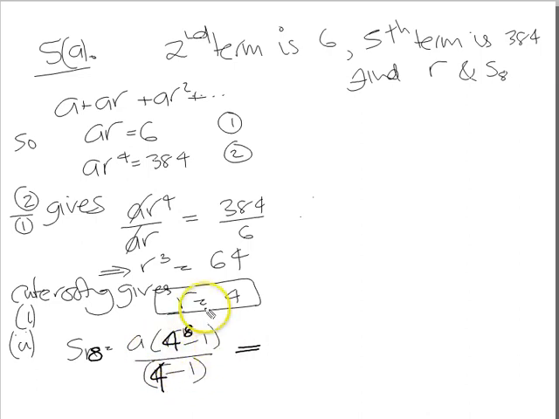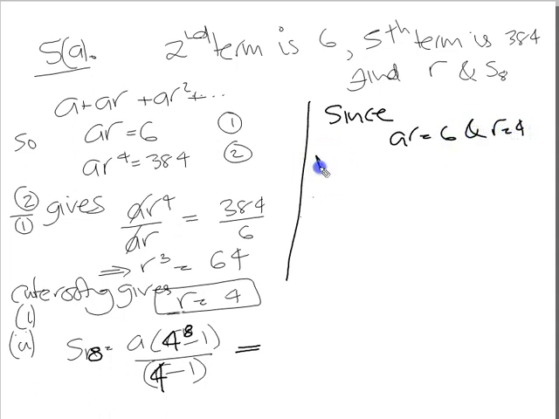So if I just put a little bit of working up here, we were told that ar was 6. Since ar equals 6 and r is 4, we see that a equals 6 over r, move the r from times to divide, which is 6 over 4, which equals 1.5.